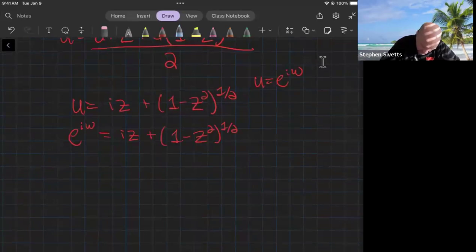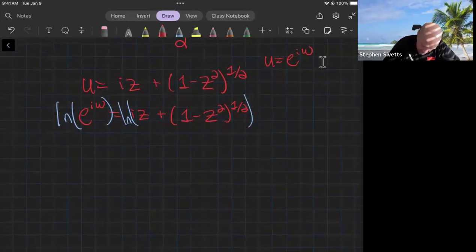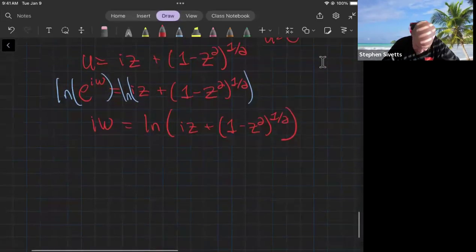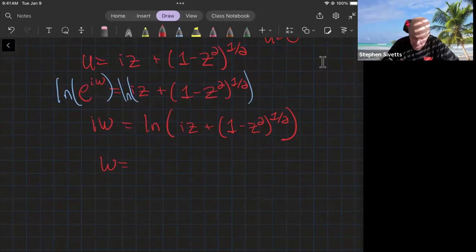And if we take the logarithm of both sides, we'll have i times w equals the natural log of iz plus 1 minus z squared to the 1/2 power. And so w would equal the natural log of that quantity divided by i, but we have to multiply the numerator and the denominator by the complex conjugate of i, which is minus i.